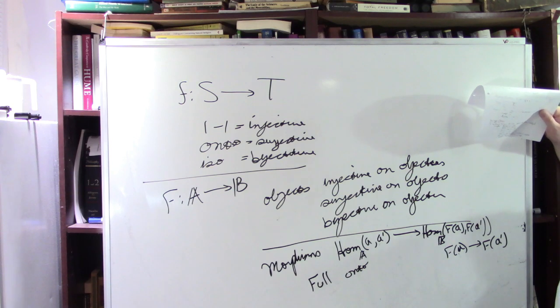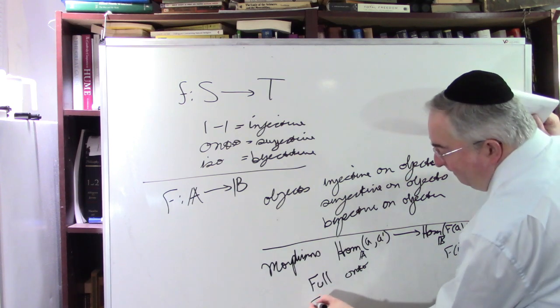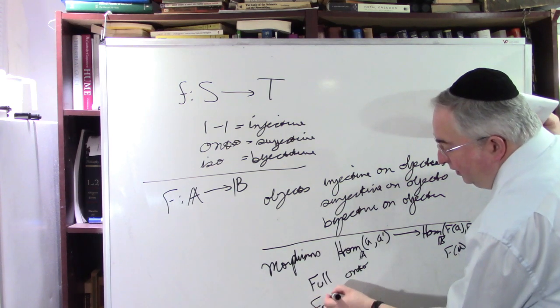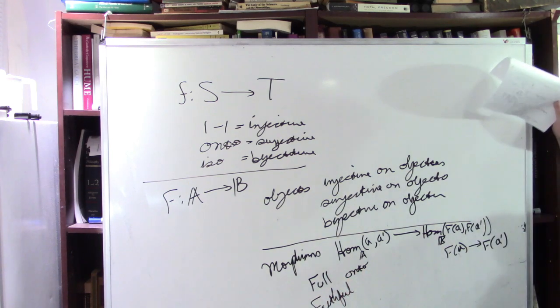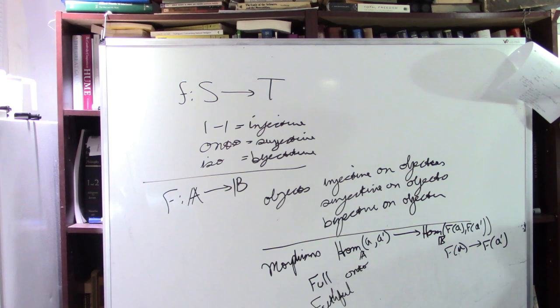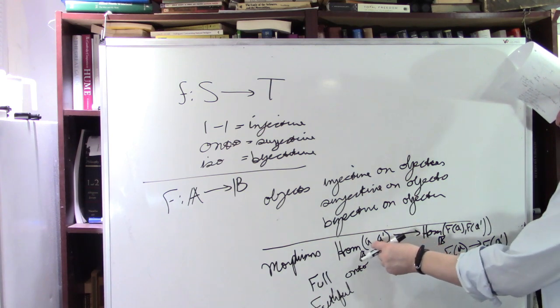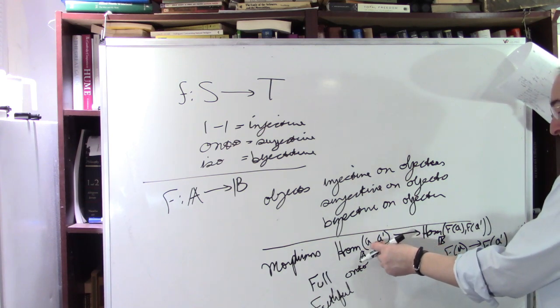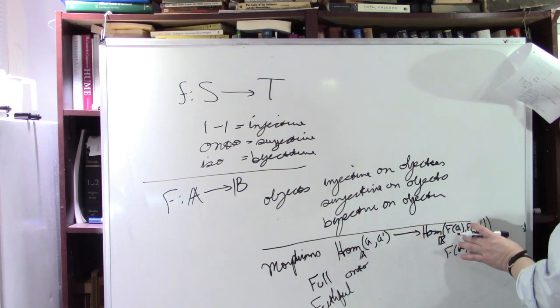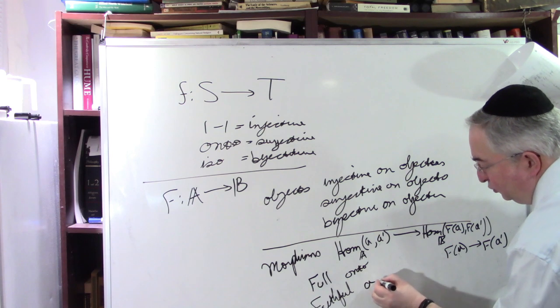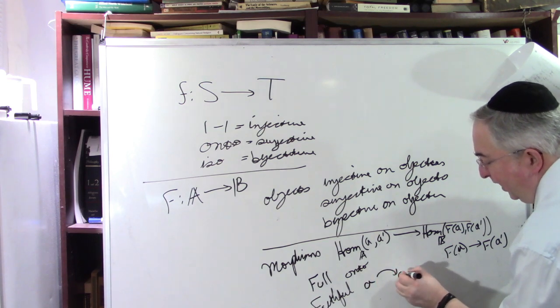Another thing we can say is faithful. Again, that's the word that's used, faithful. What that means is two different morphisms here go to two different morphisms here. Another way of saying this is this morphism is one to one. So let's draw a picture of this. You have A to A prime.